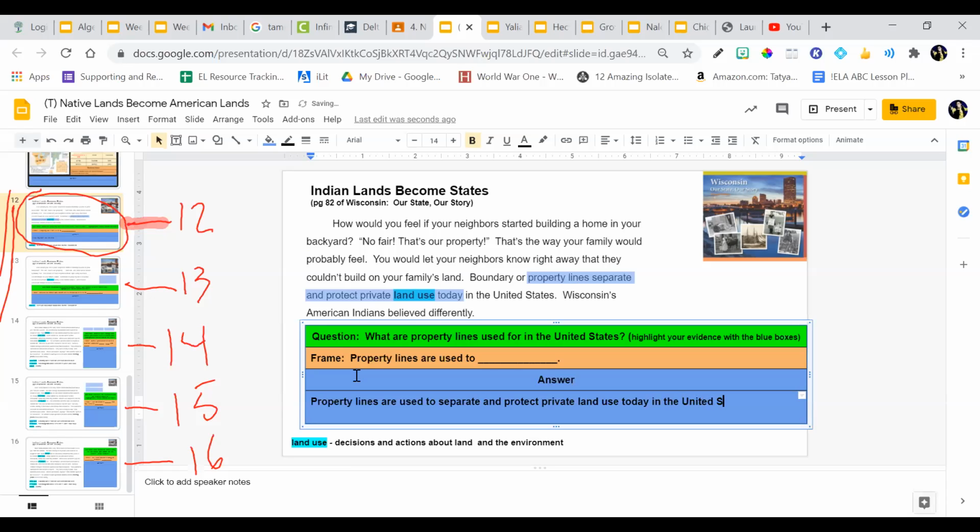So that's step one. I just answered that question and I did the two things I need to do. I need to take the blue things and highlight where I'm finding the answer, and step two is I need to write my answer in the blue box.